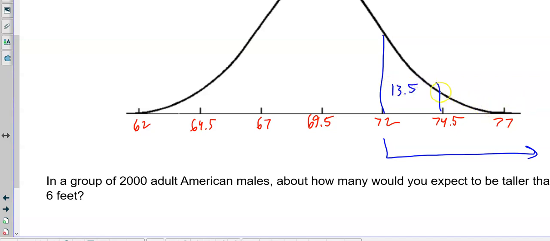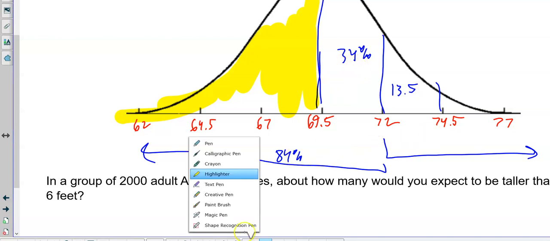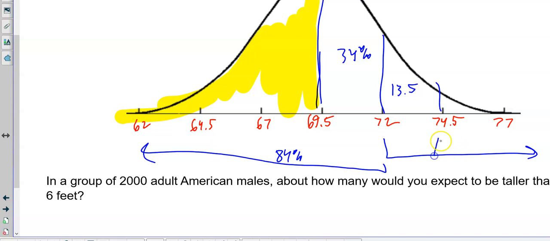If you don't remember the 13.5, that's okay, because remember, this is 34% here. If you go this way, that's going to be 84% of the data, because half of it is this way, plus the 34 is 84%, which means by default this must be 16%.